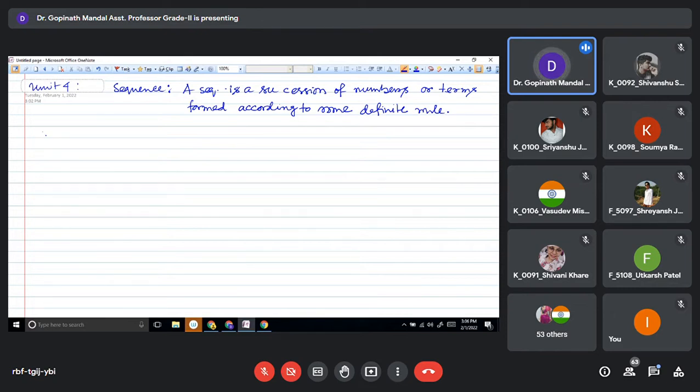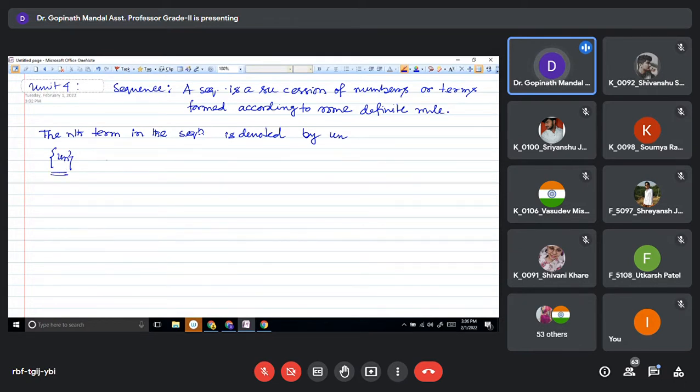The nth term in the sequence is denoted by un, and the sequence is denoted as second bracket.